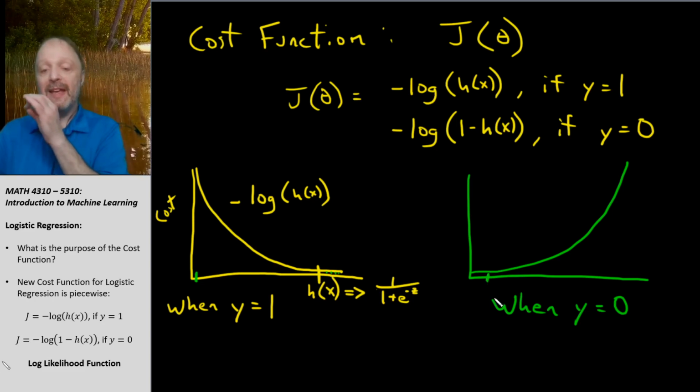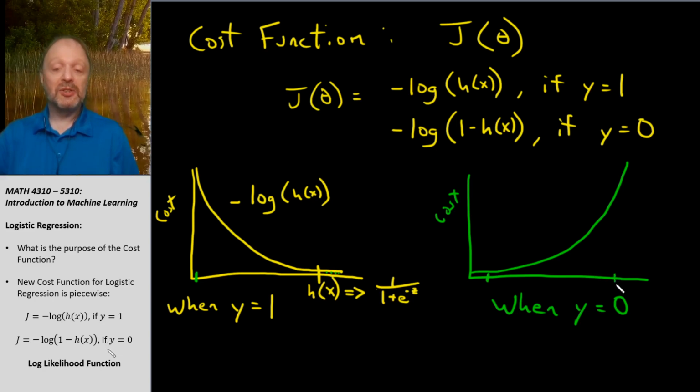If it says that it should be sorted in group 0, and it's supposed to be in group 0, this cost is going to be very small because it's very close to 0. If it guesses incorrectly, once it runs through the sigmoid and says that the value should be sorted into group 1 when it's actually group 0, then the cost is going to be very high.